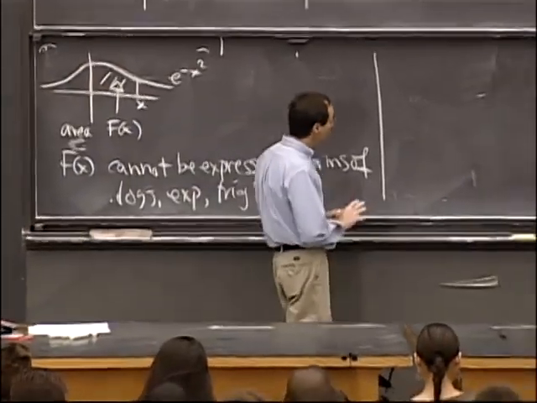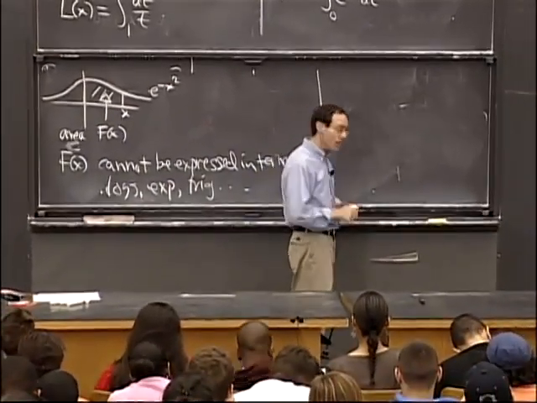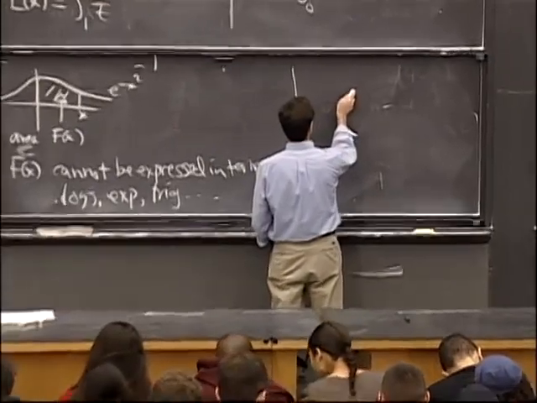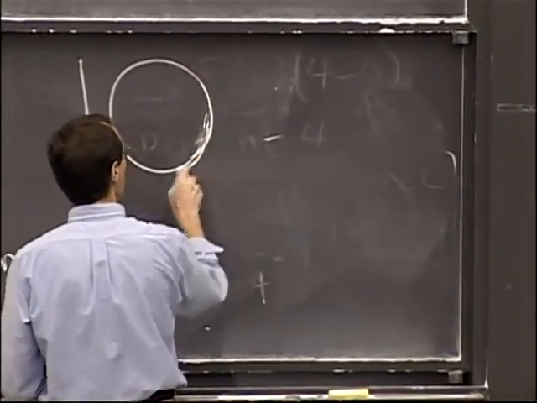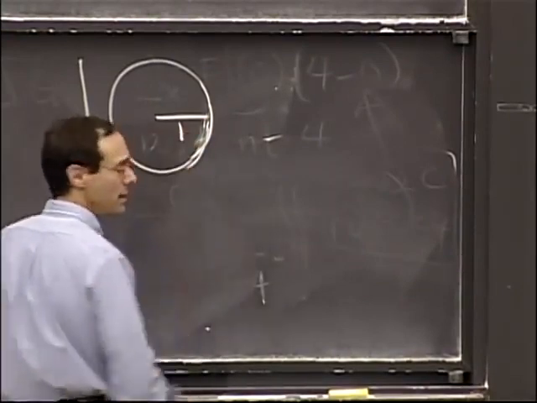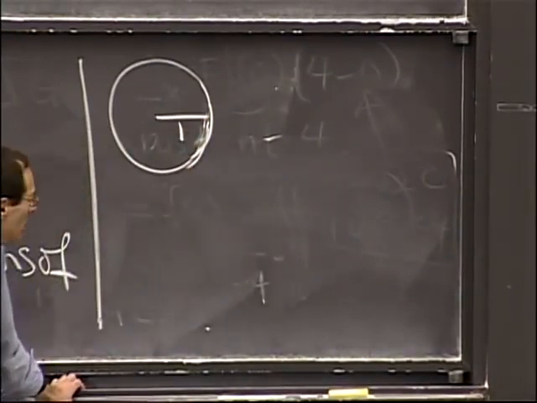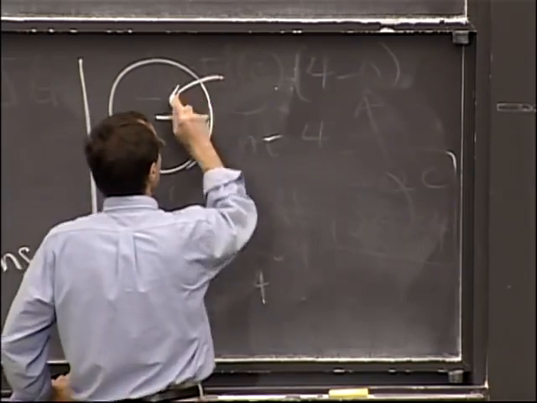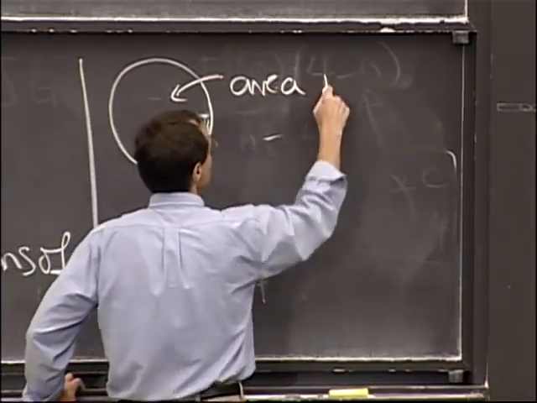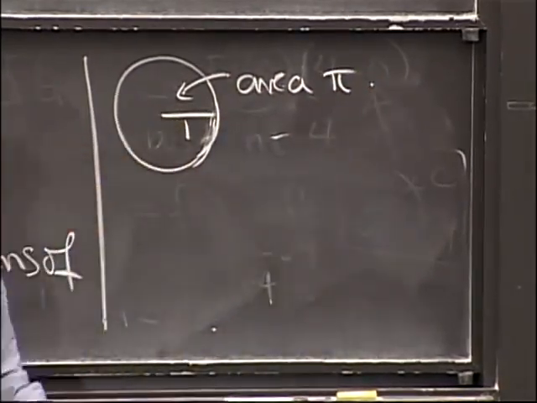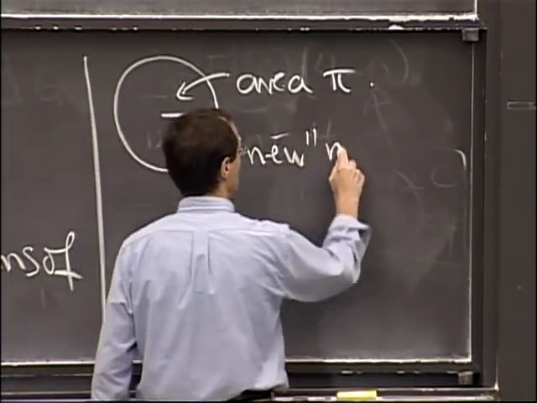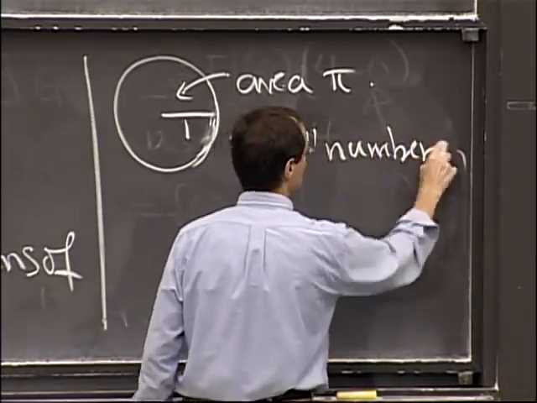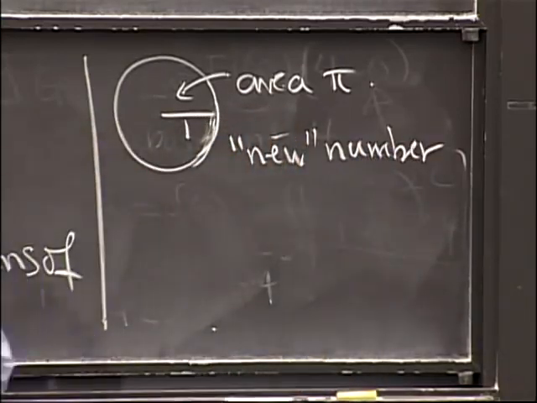And what this is analogous to is the following. If you take the circle, the ancient Greeks already understood that if you have a circle of radius 1, then its area is pi. So that's a geometric construction of what you could call a new number, which is outside of the realm of what you might expect.